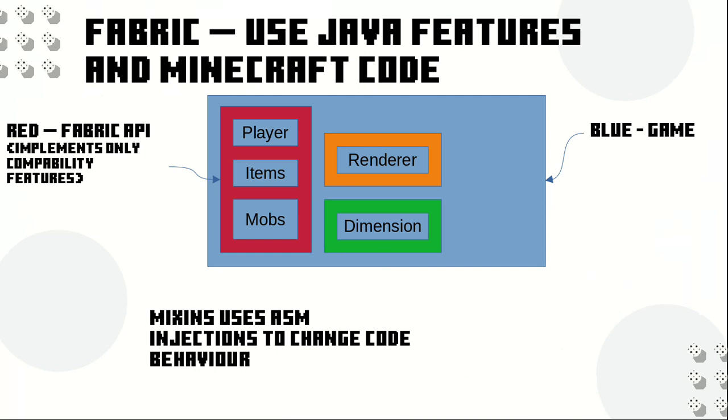Fabric much faster, because there are mods that do not use Dimension API at all, or Renderer. There are only a few mods that I remember that used these features of the game. So we do not need it when a new update for the game comes out, and most players do not need these patches.